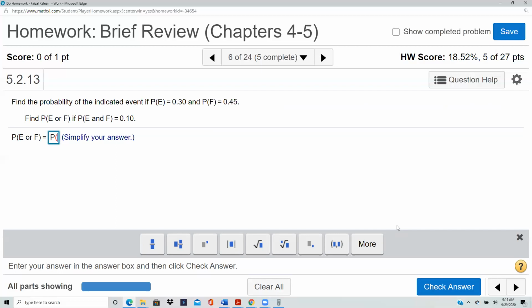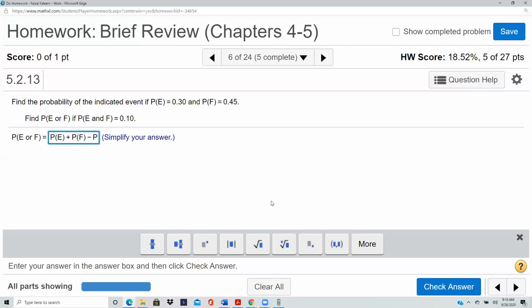P of E or F. No, E or F is on the left side. So what is it equal to? It would be P of E, plus P of F, minus P of E and F.